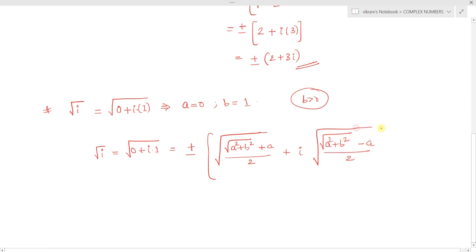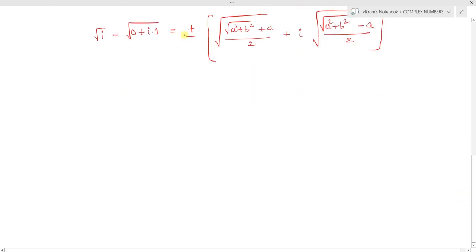By using this formula we can find out the square root of a complex number. Here a equals 0 and b equals 1. So the square root of (square root of 0 square plus 1 square, plus 0) by 2, plus iota times square root of (square root of 0 square plus 1 square, minus 0) by 2.